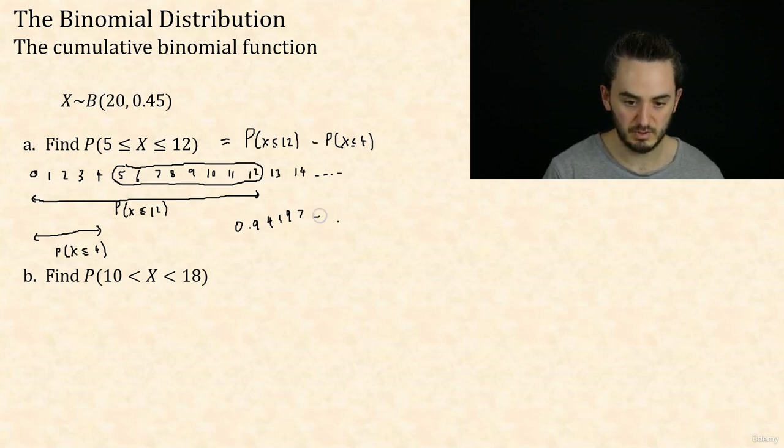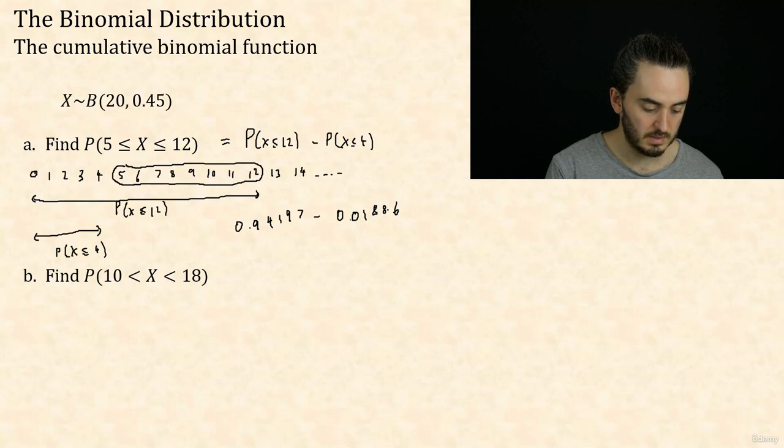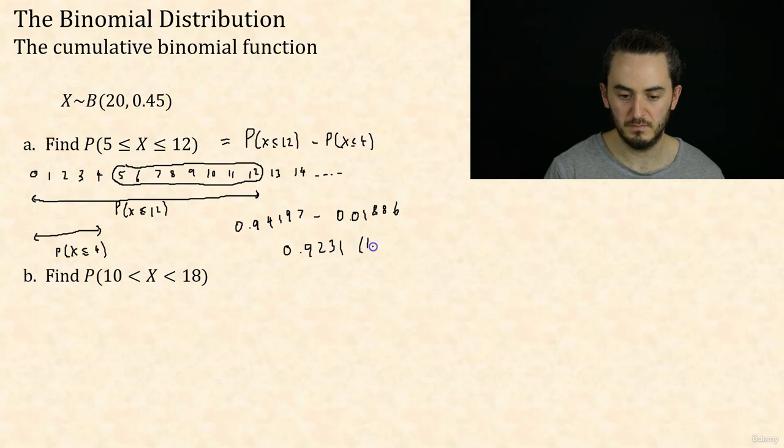So I'm just subtracting 0.01886. And that's it. Work out what that is. And we get 0.9231 if we round it to 4 significant figures, which is a great number of significant figures in probability.